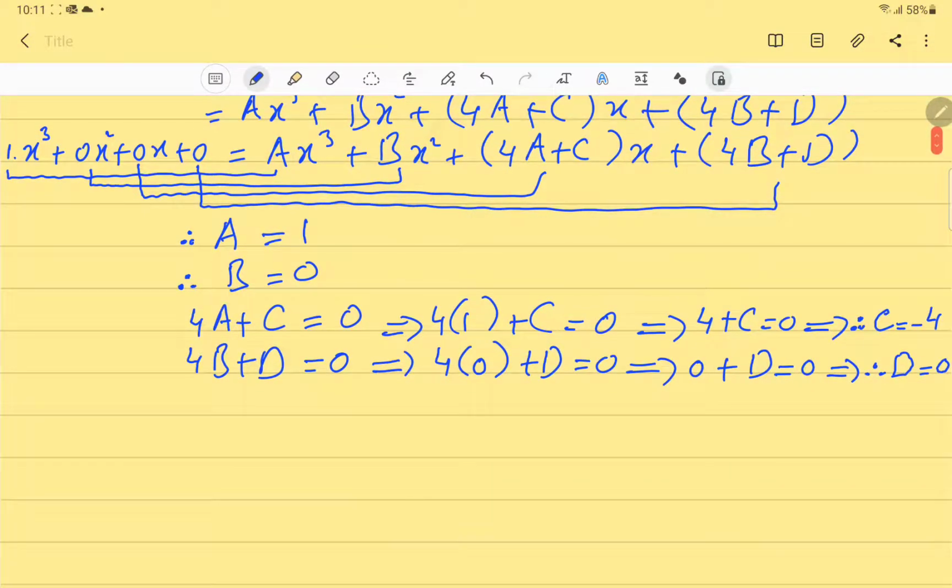Now we have all the 4 values of the constants a, b, c and d. So we can write our partial fractions.